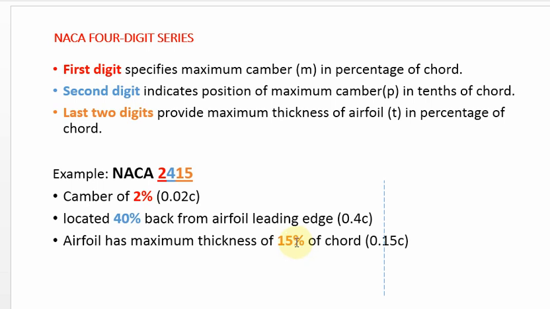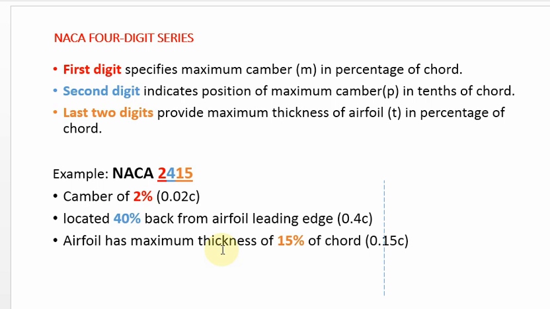So by default, 30% from the leading edge will be the position of the thickness of an aerofoil, whether it is a symmetrical aerofoil or a cambered aerofoil.